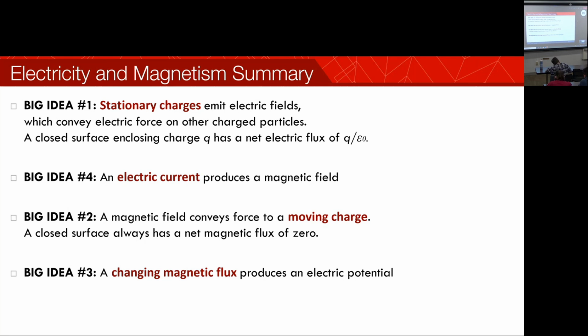The second bullet here: an electric current, essentially a moving electric charge, produces a magnetic field. So here we have to have a moving charge, an electric current.